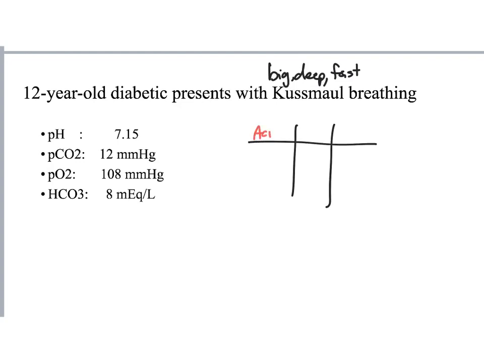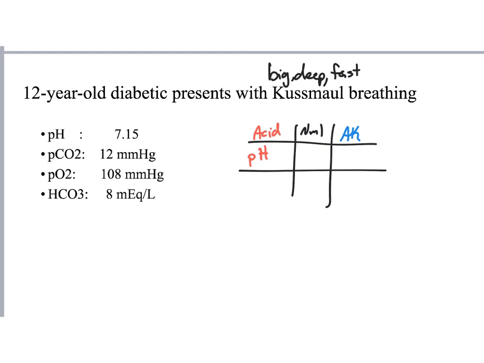Here's the acid side and the alkalotic side, normal in the middle. Okay. First, let's start with the pH. pH 7.15. Again, remember that your normal values are 7.35 to 7.45. So 7.15 is acidotic. pH comes over here in this column.